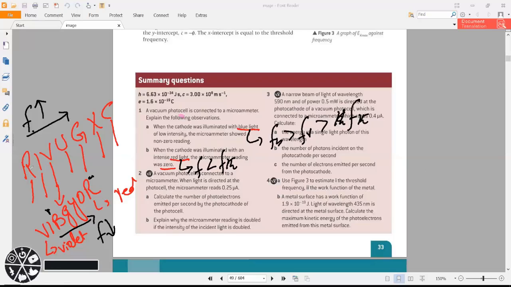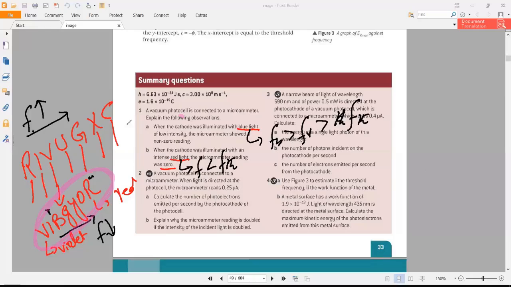Remember it like this: RMIVUXGC. It is easy to remember, and most students remember this, but most of the students don't know why it matters, because sometimes the question comes like this: ultraviolet radiation falls on the metal, or gamma radiation or X-rays fall on it. Gamma radiation has more frequency than ultraviolet, and X-rays have more frequency than ultraviolet.